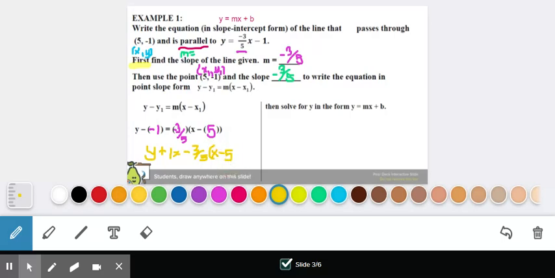Okay, so I've rewritten my new equation in really pretty point-slope form, but oh no, they asked for slope-intercept. Whew, I got another step, y'all. To get it to slope-intercept, I have to solve for y.